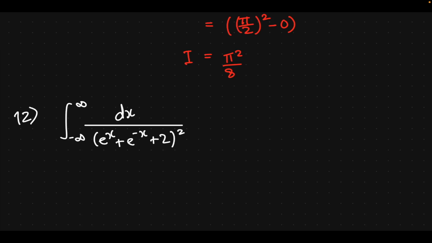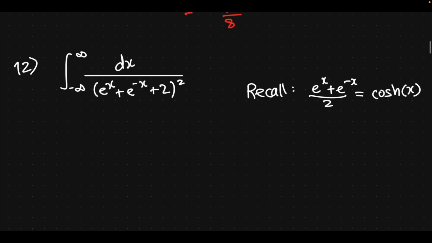Now, as soon as you see two exponentials with a positive and a negative exponent added together, you should remember the hyperbolic trigonometric function. So e to the x plus e to the minus x over 2 is just cosh of x. So e to the x plus e to the minus x is 2 times cosh of x, and we are going to use this fact in the denominator.